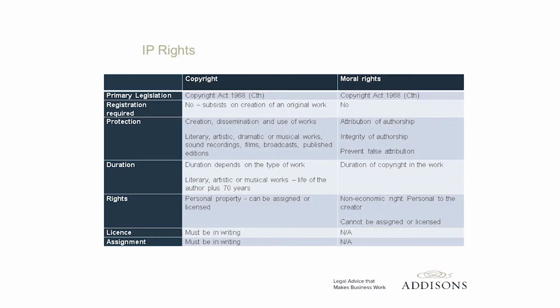Another issue in relation to copyright is moral rights, and this is something that can often be overlooked. Moral rights are non-economic rights, so they belong to the person who created the work, regardless of who owns the copyright. So there are three types of moral rights. You've got your right of attribution, which is the right to be known as the author of the work.